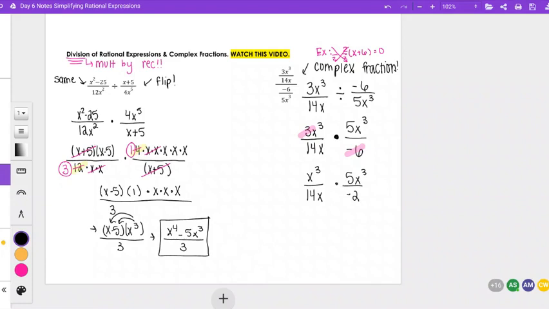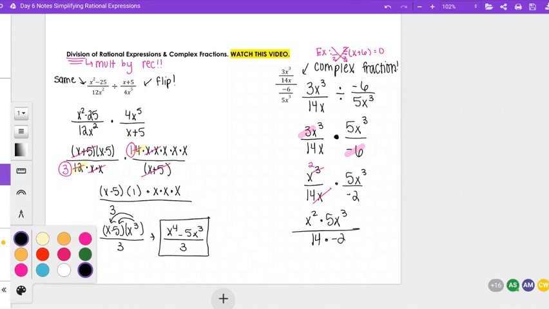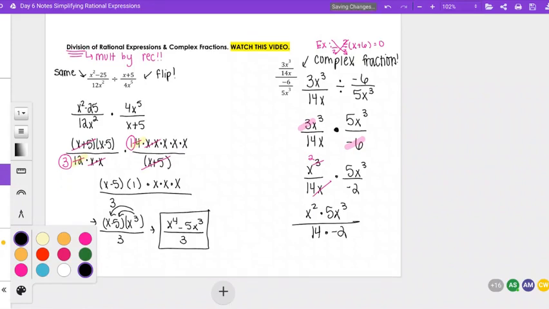And then we also know that with x cubed in the numerator, the 1 goes away and this becomes a square, and then 1 entire x goes away in the denominator. So this becomes x squared times 5x cubed all over 14 times negative 2. And once we combine like terms, this becomes 5x to the 5th all over negative 28. And that really is all that we can do.